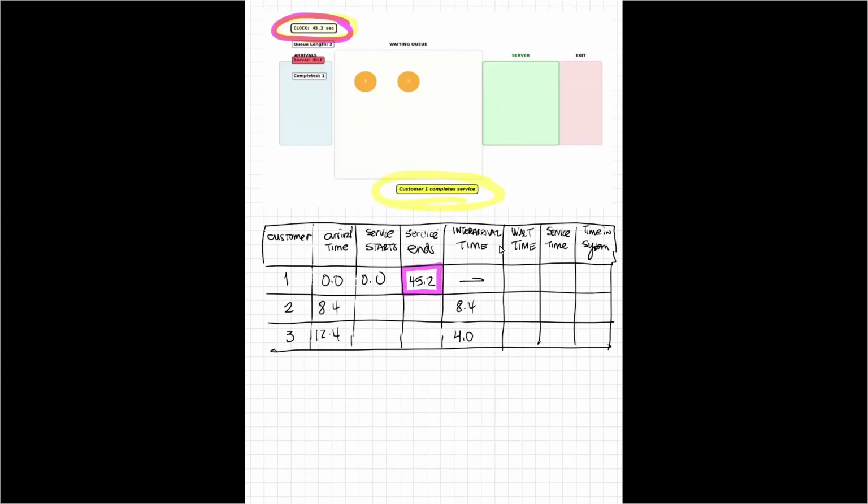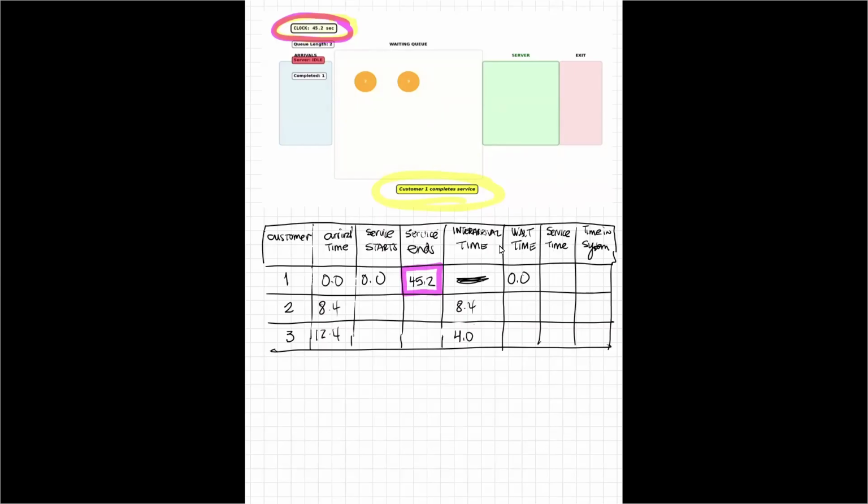And remember, we don't have an inter-arrival time. We did not have a wait time, okay? Well, maybe here we do have a wait time of 0. 0 minus 0 is 0, and the wait time is 0, but it counts. It is a statistic.